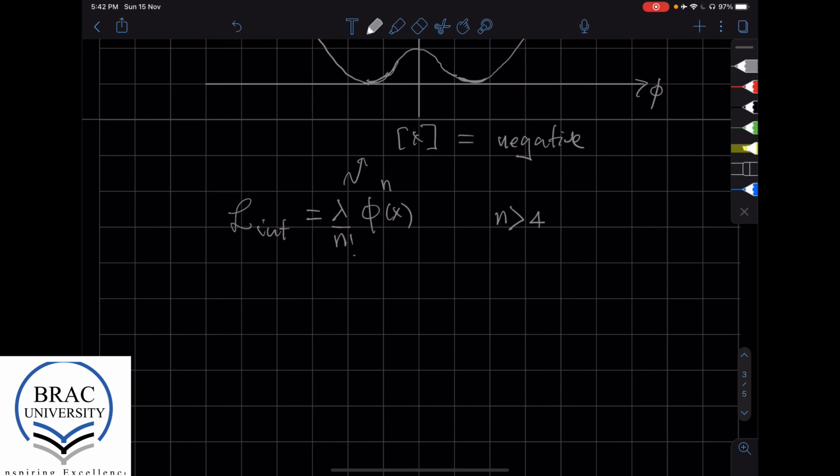And this has the consequence that in the low energy limit of a quantum field theory, such higher order terms are going to be strongly suppressed.